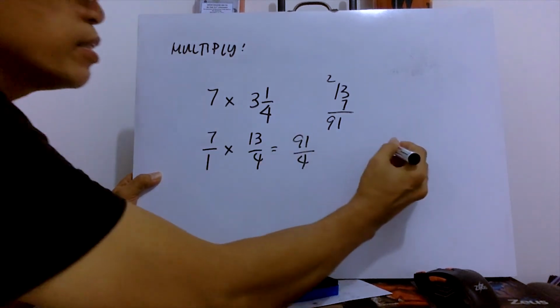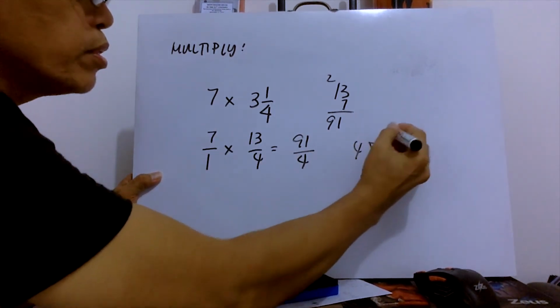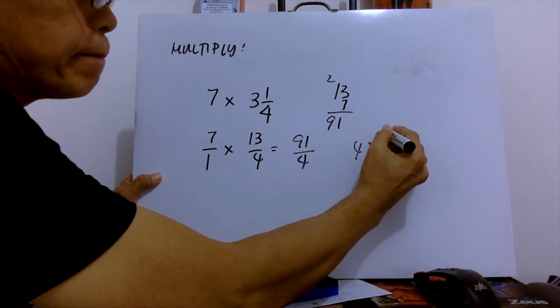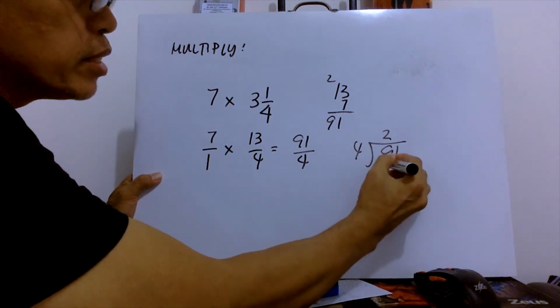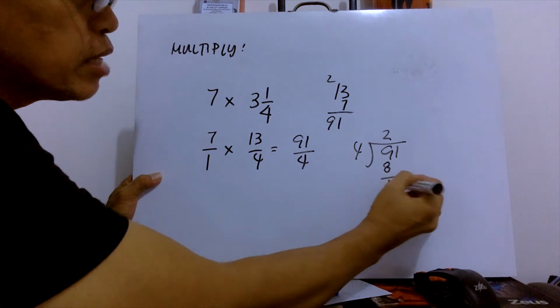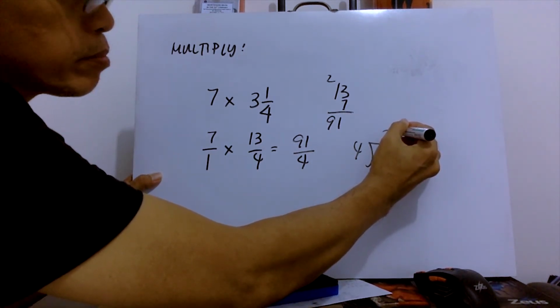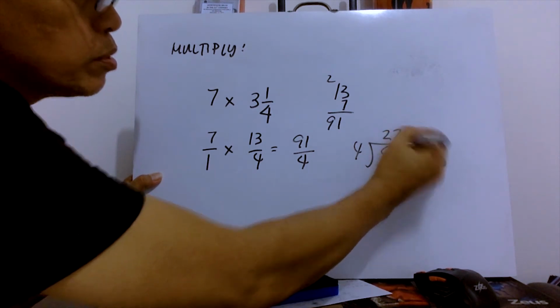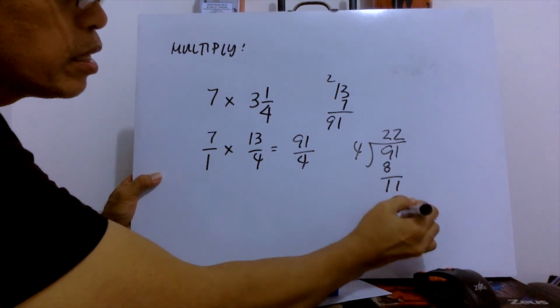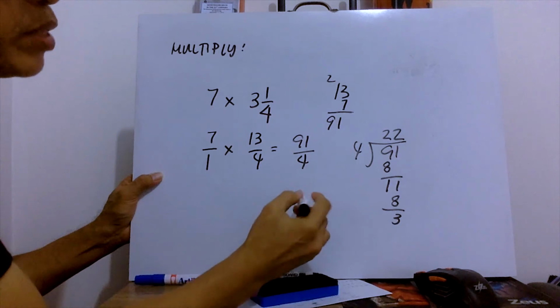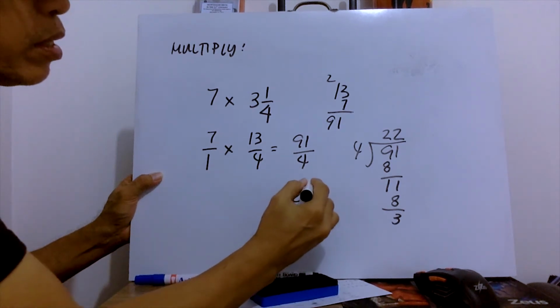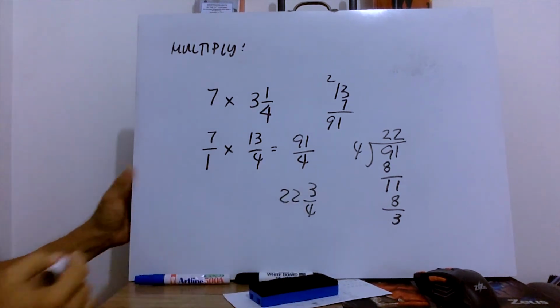Or divide it. 91 divided by 4. That's 2. And then that's 8, 11, 3. Nope. 2. So that's 8. And then 3. So the answer there is 22 and 3/4. There.